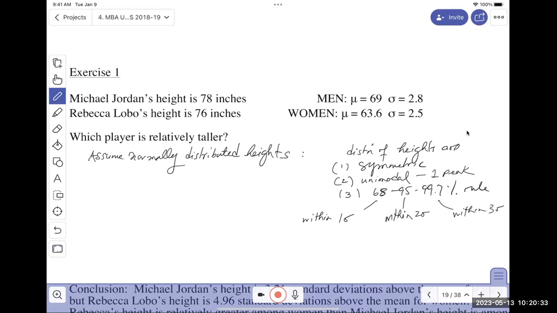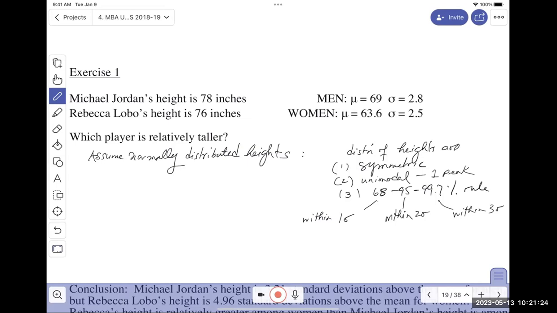So, are there any outliers? No one knows?